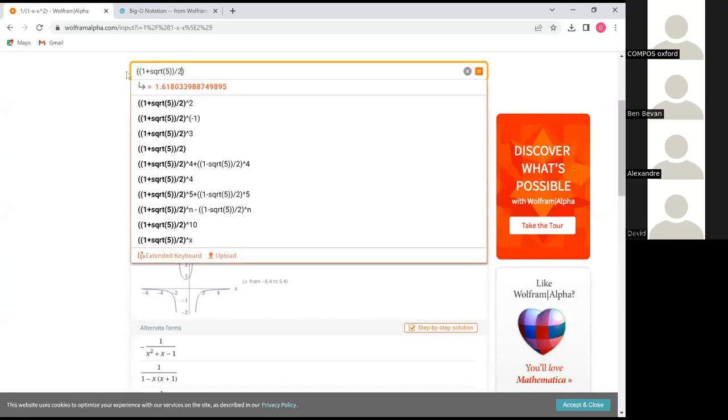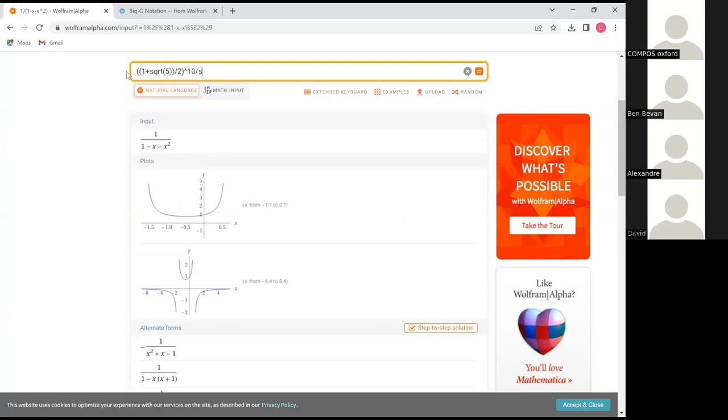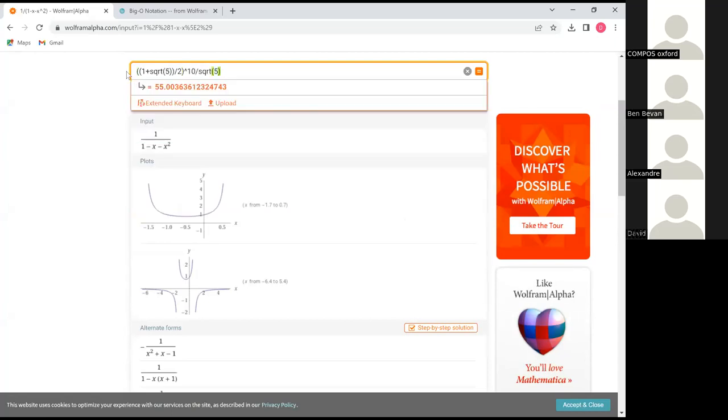And let's, I don't know, raise that to the power 10 and divide it by square root 5. And what we see is that the value is 55.00, which is very close to 55.